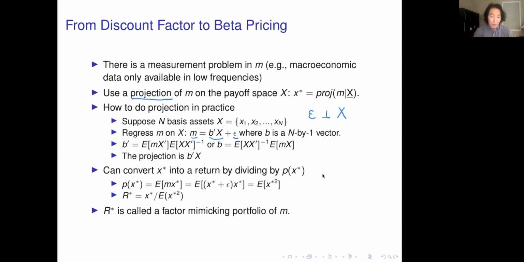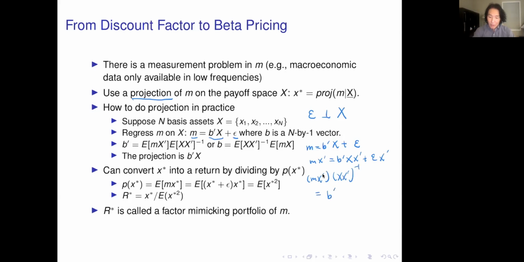And then mathematically, what do you get? Okay, how do you back out B from here? So you multiply X prime on both sides. And then to back out B, what do you do? You multiply X prime X inverse on both sides.